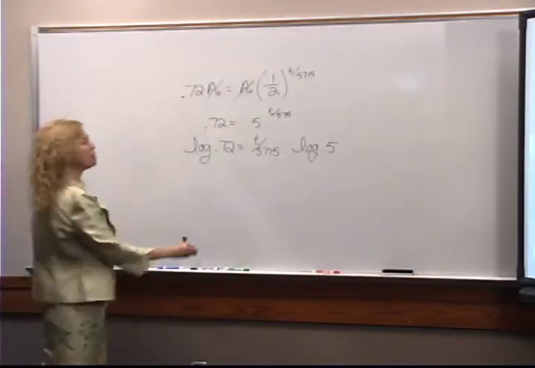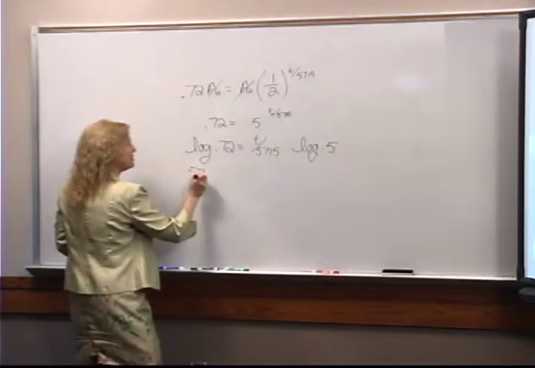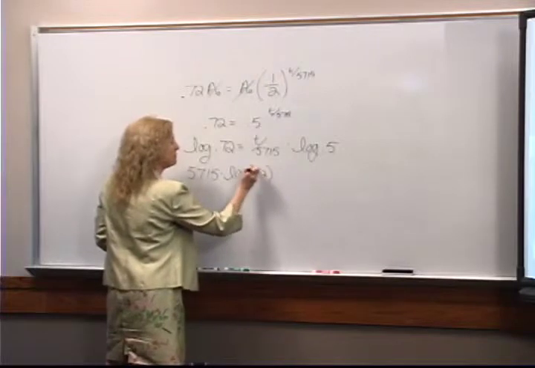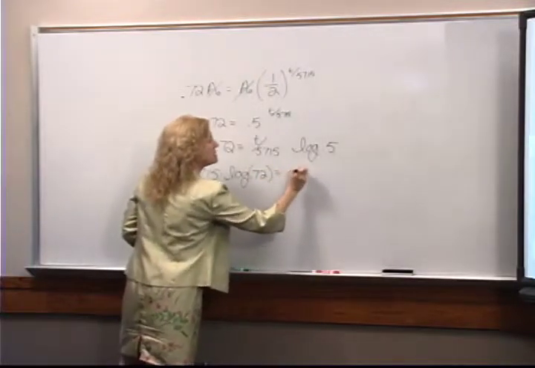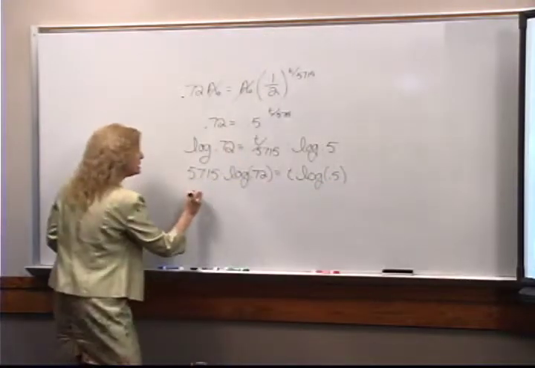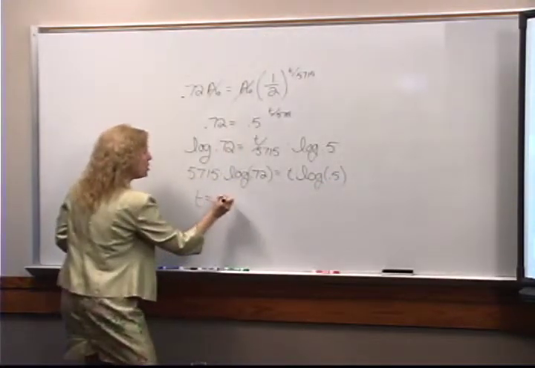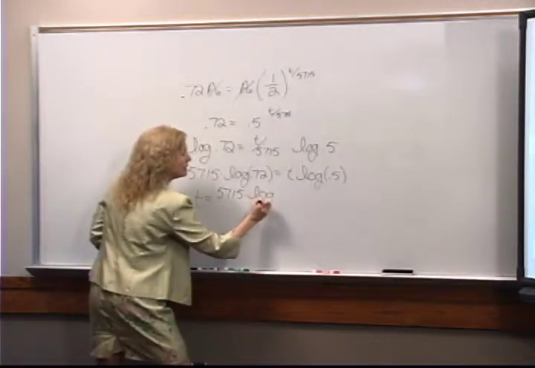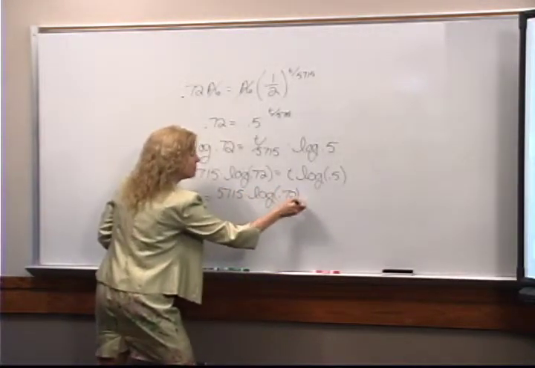You might multiply both sides by 5715 times the log of 0.72 equals t times the log of 0.5, and then divide. T is going to equal whatever this monstrosity calculates to be.